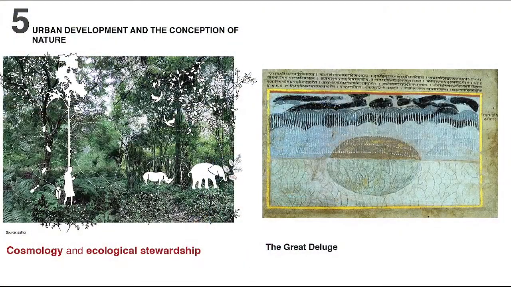And I think this is the last one, where I'm talking about the strong relation of cosmology and rituals to the subsistence economy. Here I was looking at how the communities relate to nature, how they view nature. In this sense, I was also looking at a lot of paintings and manuscripts.